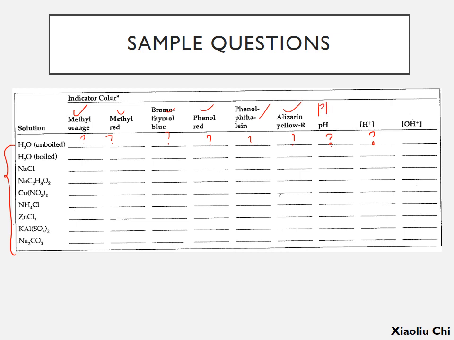Remember, pH is negative log of hydrogen ion. So if you know the pH value, you can calculate hydrogen ion and then calculate hydroxide ion.